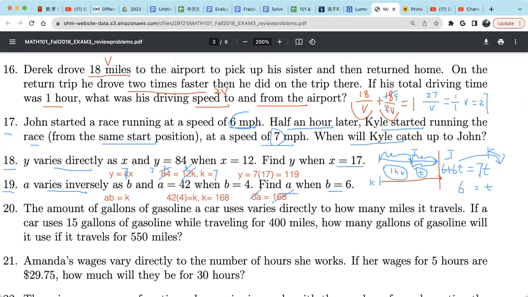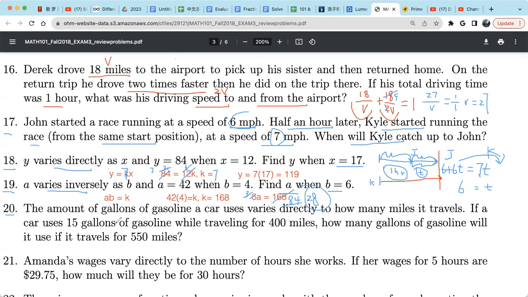So we divide by 2, 6 becomes 3. Divide by 2, this becomes 84. 84 divided by 3, that's 28. So the answer is 28.